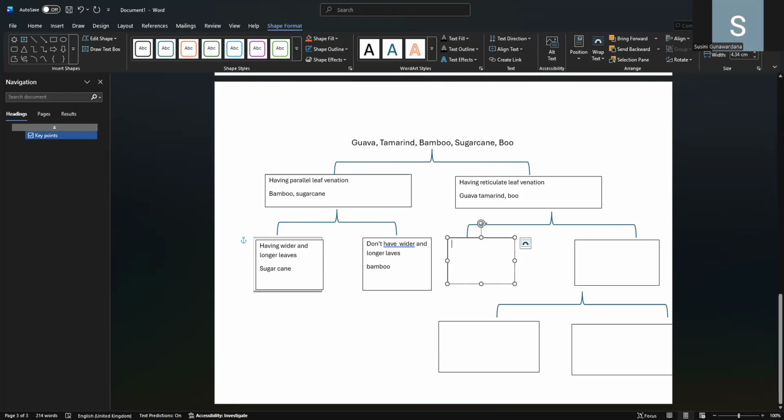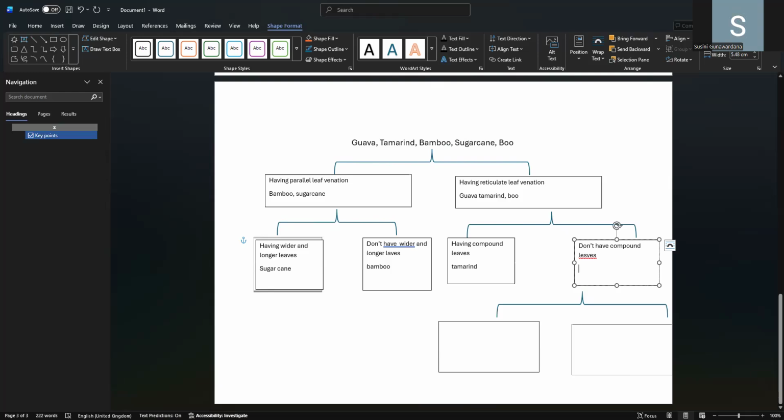We'll write having compound leaves. Compound leaf is tamarind. Don't have compound leaf, or you can mention having simple leaves.